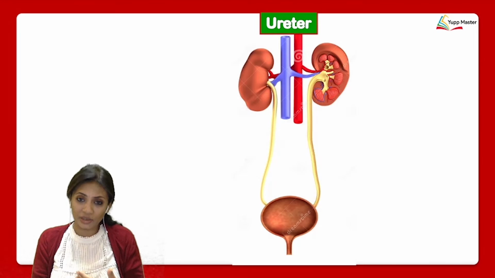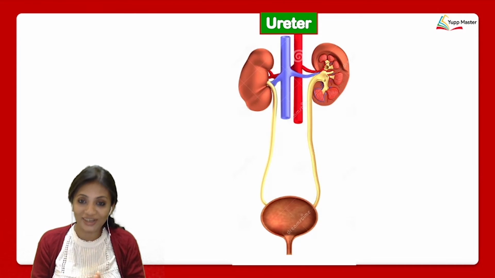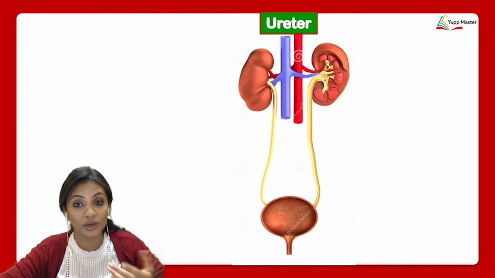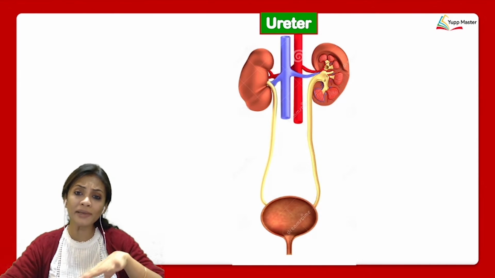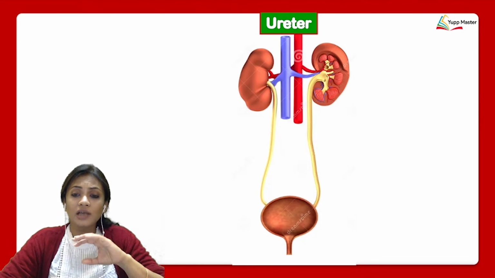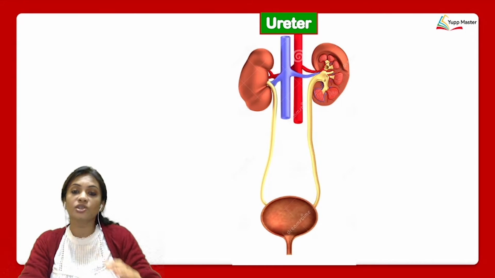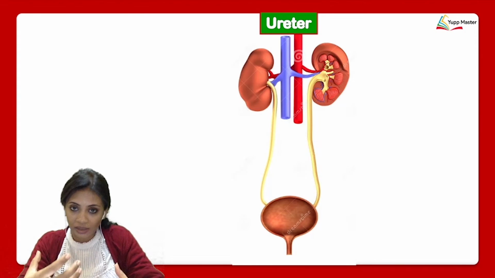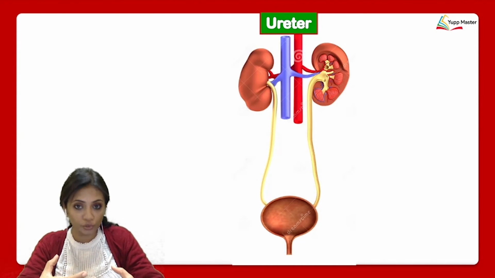Moving on to the next organ in our excretory system, that part of the excretory system is called the ureters. Basically understand, ureters are just tubes. There is not any function that's happening at the level of the ureter for formation of urine.